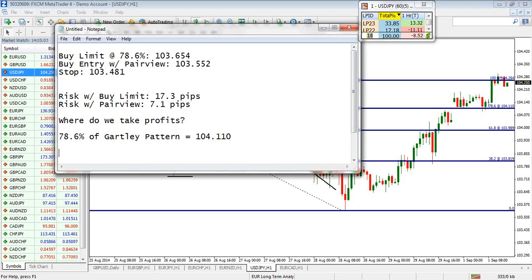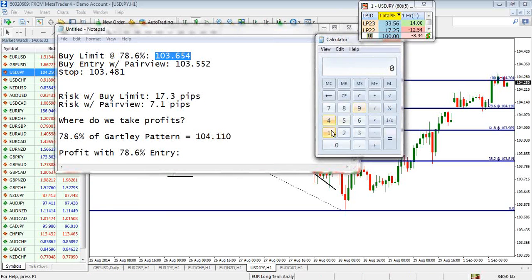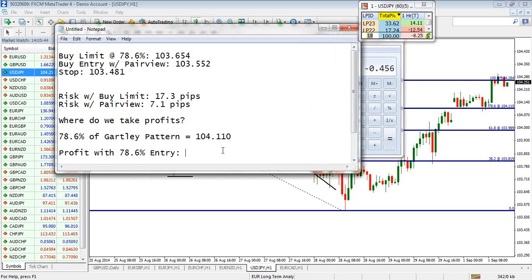And this is a great way to trade what we call the meat of the movement. So your profit with the 78.6% entry would have been risking 17.3 pips to make $45.6.